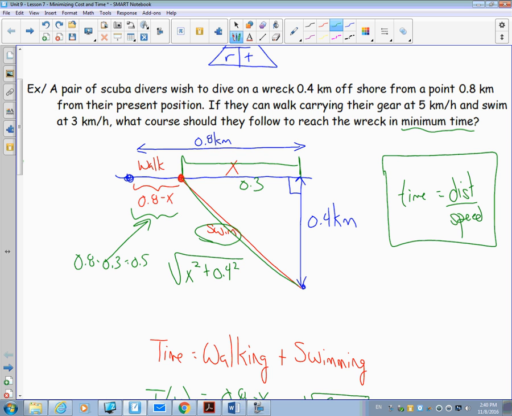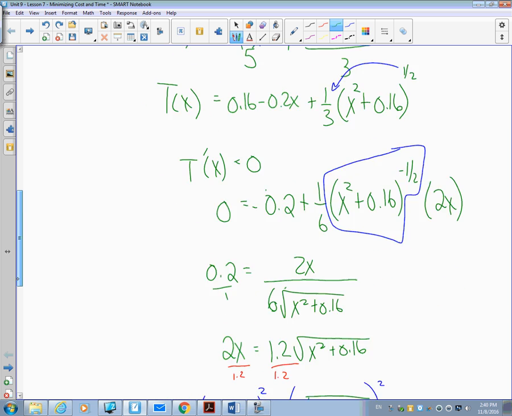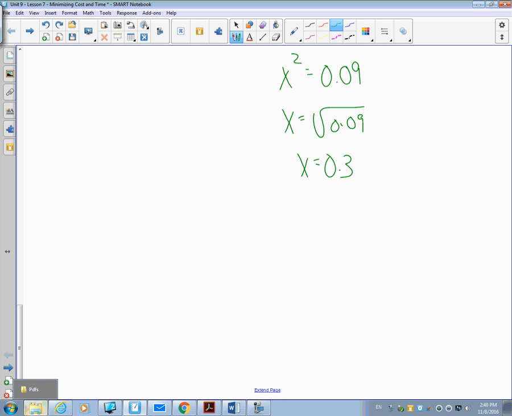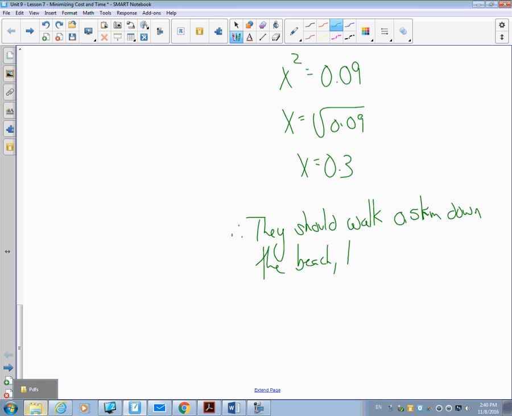So if I'm going to answer this question, well, where should they walk? I need to say, therefore, they should walk 0.5 kilometers down the beach, then swim to the wreck.